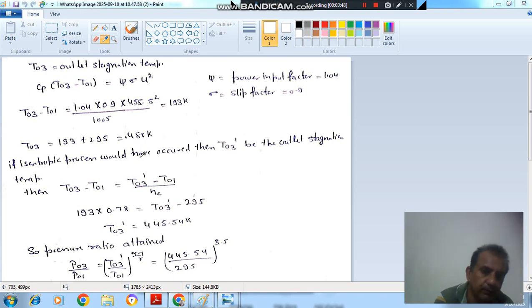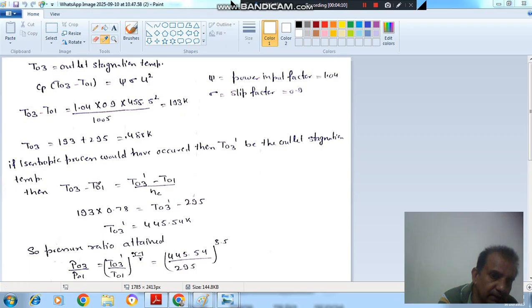So now this is the actual stagnation temperature or final condition. In the previous video we have also studied that if the isentropic process would have occurred, then T03 dash would have been the outlet stagnation temperature. As isentropic efficiency is given, this T03 dash can be calculated.